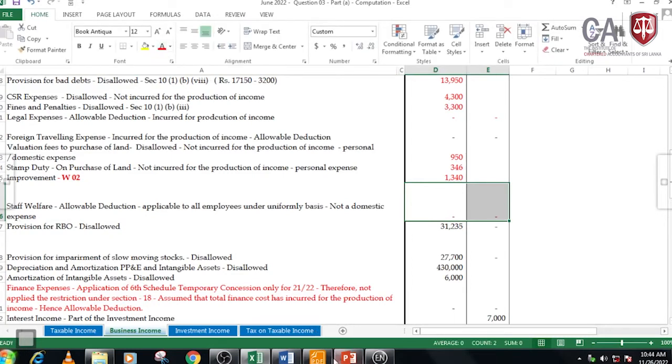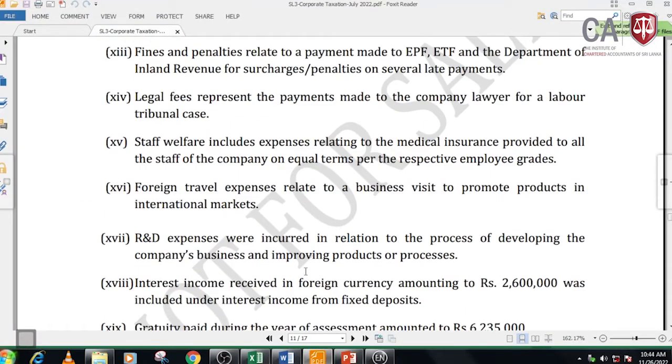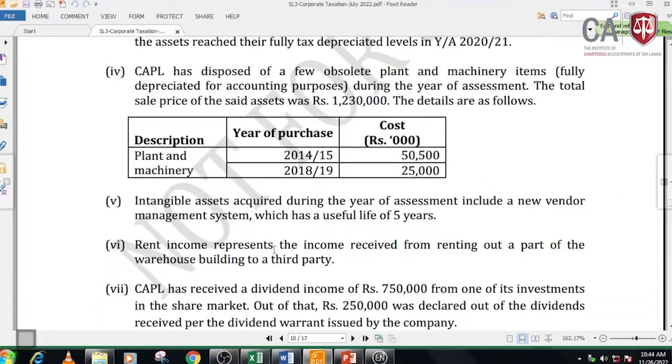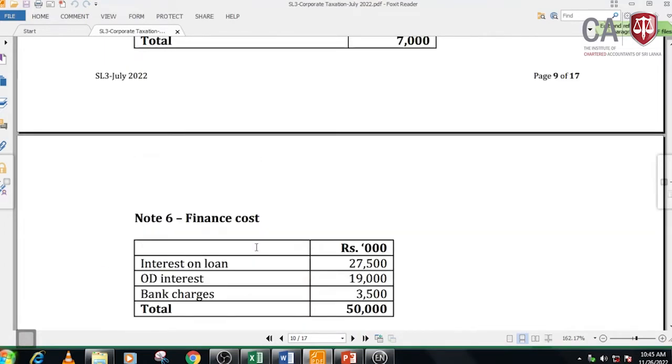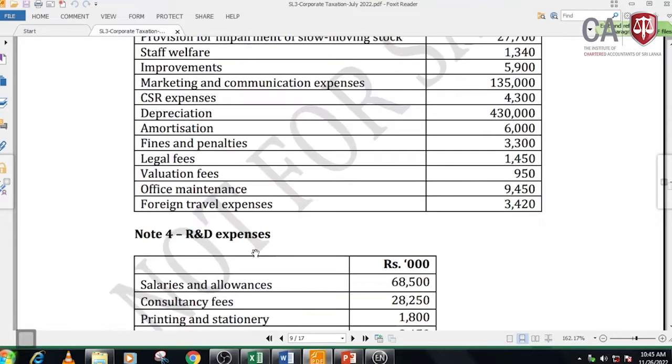Done. Then the next one, which is the foreign travel expenses relating to a business visit to promote products in the international market, totally incurred for the production of income. When it comes to this foreign travelling, in the income statement, the total cost is an allowable deduction.